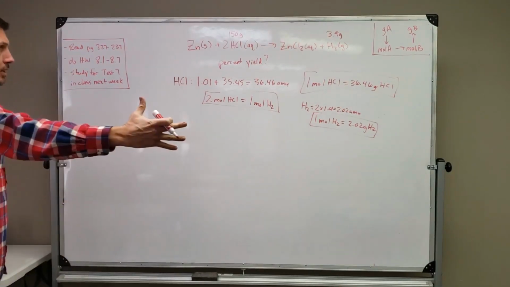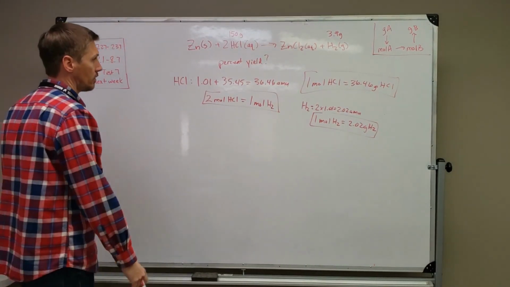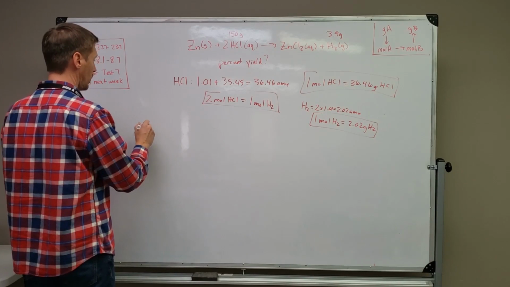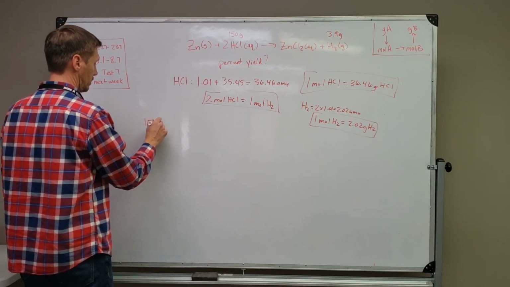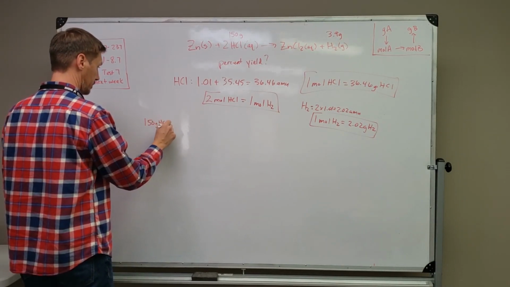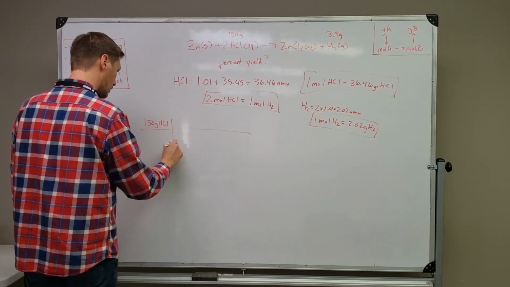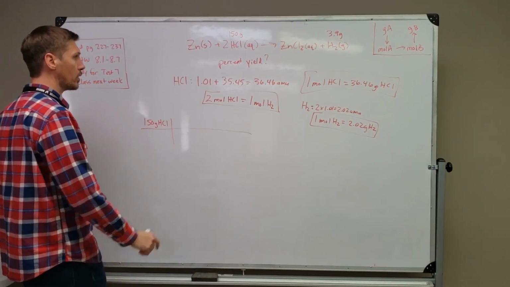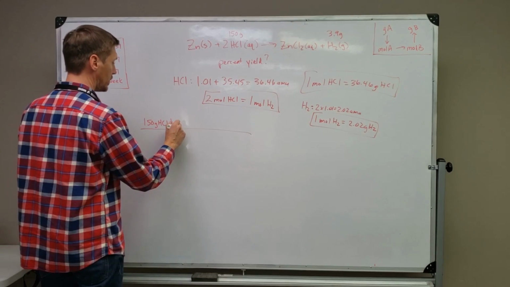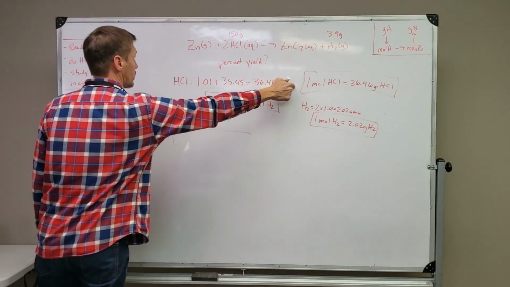So now we're going to do that big conversion so that we can get grams of H2. So we start off with 150 grams of HCl. We can convert that to moles of HCl using this relationship.